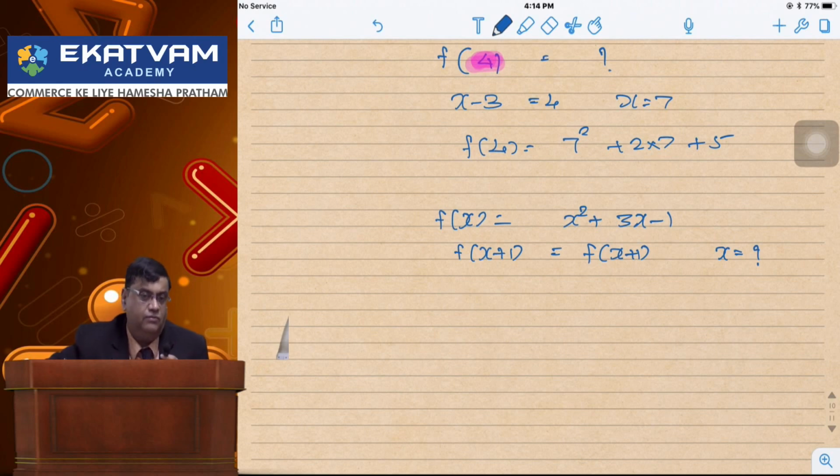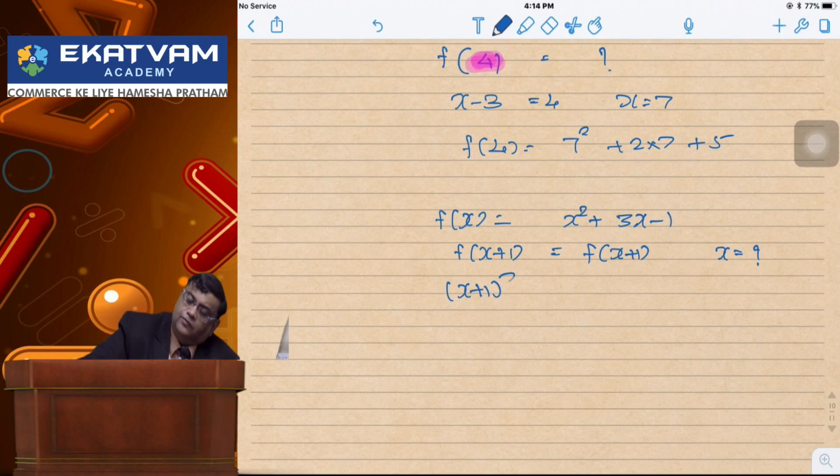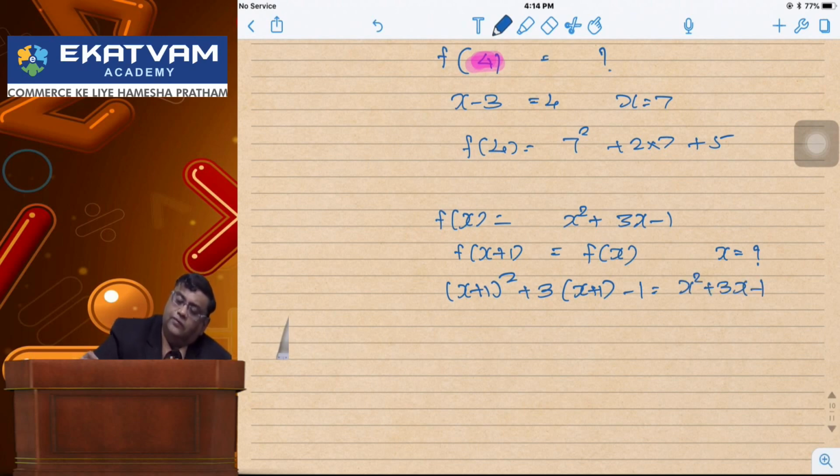This is the question. f(x + 1) means (x + 1) square plus 3 into (x + 1) minus 1. f(x + 1) equal to f(x), and f(x) is x square plus 3x minus 1. So what will you do? Open the brackets: x square plus 2x plus 1 plus 3x plus 3 minus 1 is x square plus 3x minus 1.